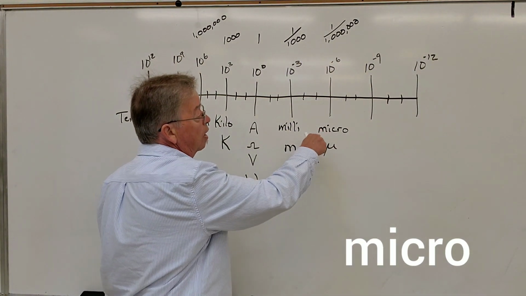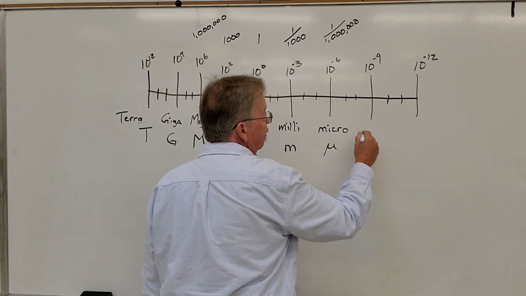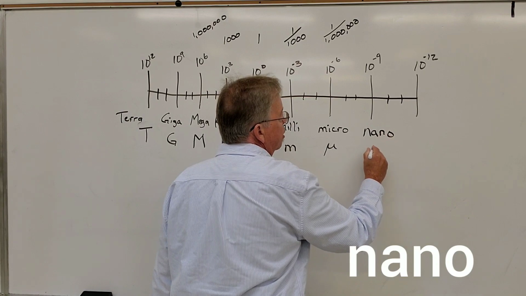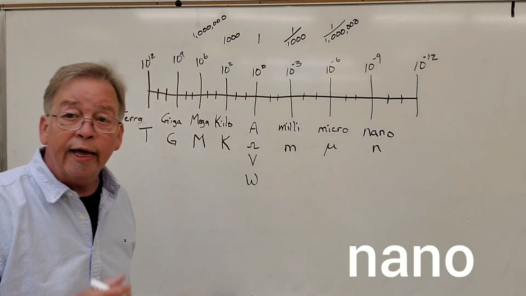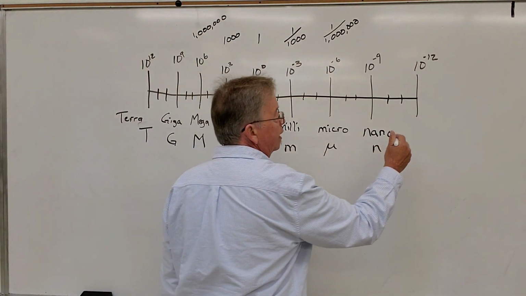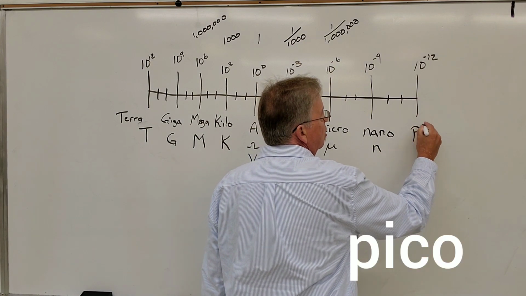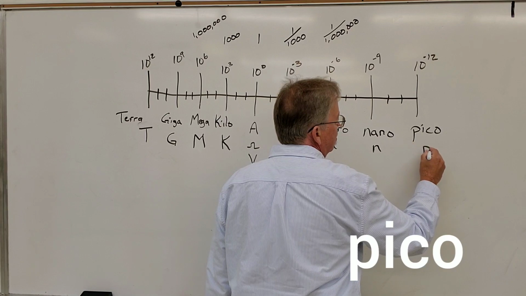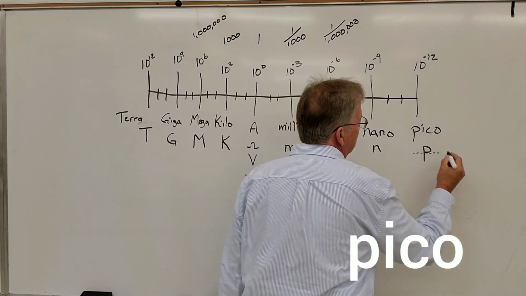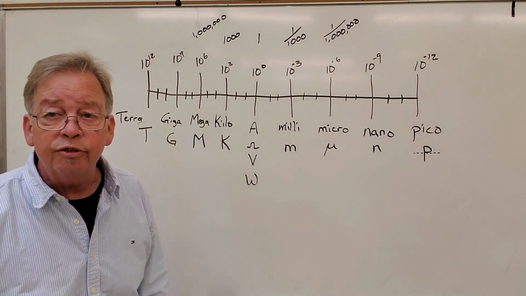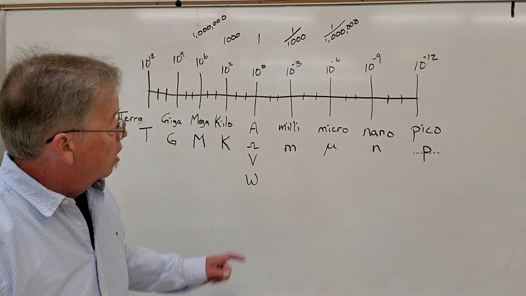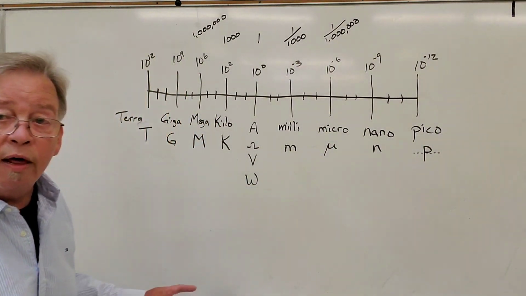And then after micro, we have nano, which is a lowercase n, and then all the way down here on the end, we have pico, and the little dotted line is just to show you that it too is a lowercase p. All right, so this is our number line, folks.